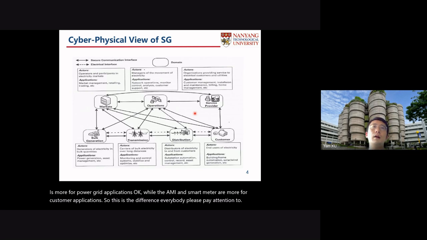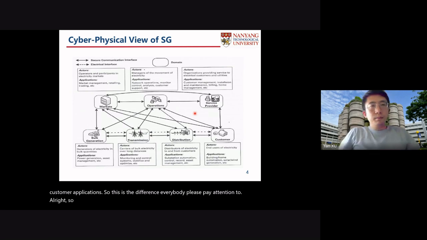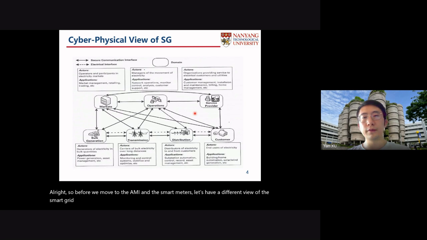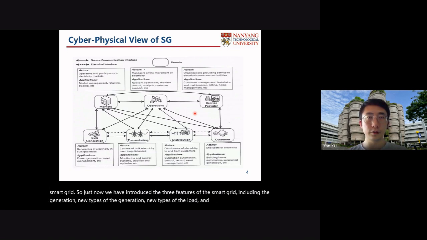All right, before we move to the AMI and the smart meters, let's have a different view of the smart grid. Just now we have introduced the three features of the smart grid, including new types of generation, new types of load, and the advanced ICT infrastructure.